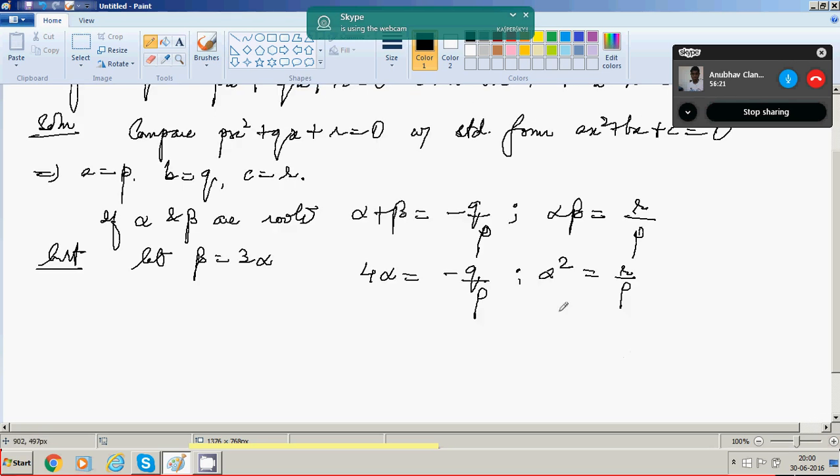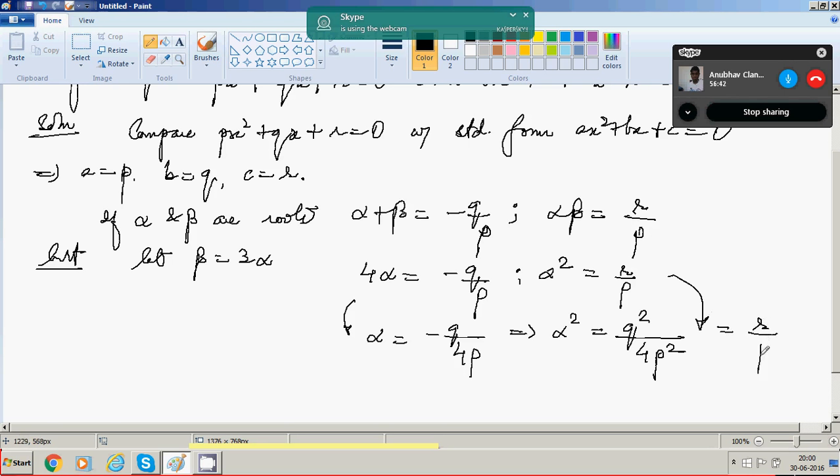So from this we get the condition. This gives us clearly alpha is minus q by 4p. So alpha squared equal to q squared by 16p squared, but it is equal to r by p.